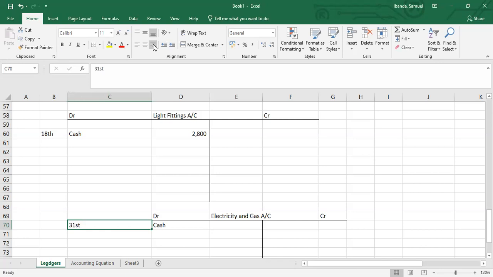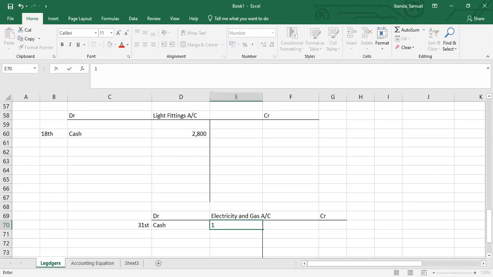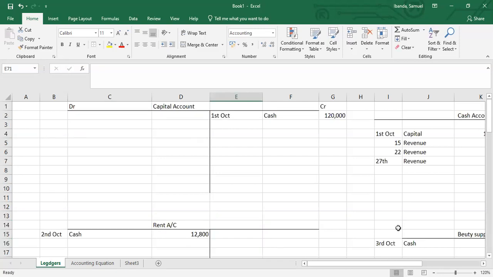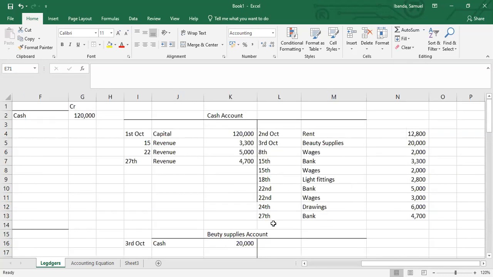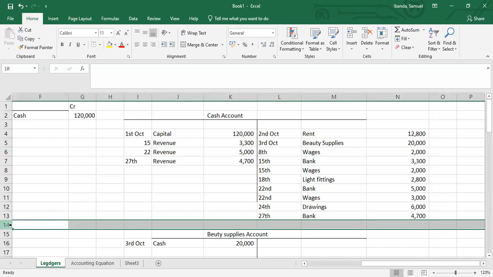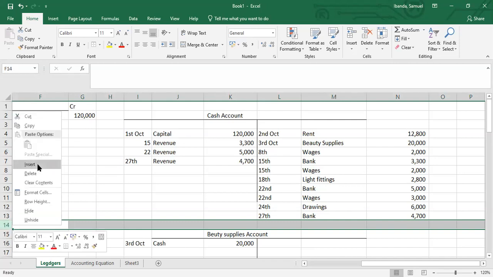And how much is the amount? This is 1680. Then I'll go to my cash account. I think you can see I'm getting out of space.